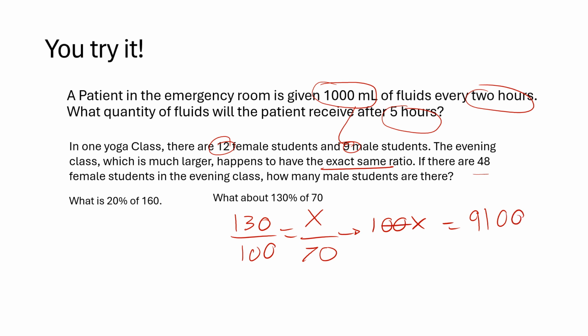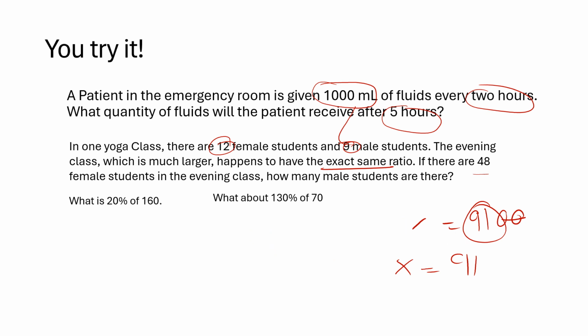I'm just gonna cancel these numbers out anyways, which leaves us with x equals 91, because 1 times x is still x. So pretty easy, which actually checks out because 91 should be over 70 because 130 is over 100. So 130% of 70 is 91.